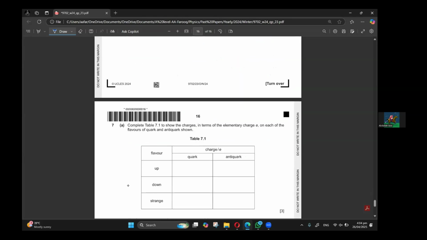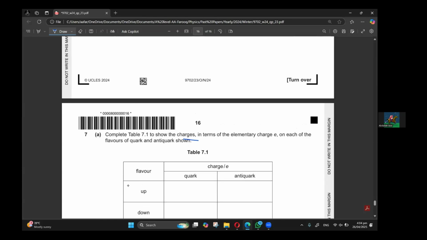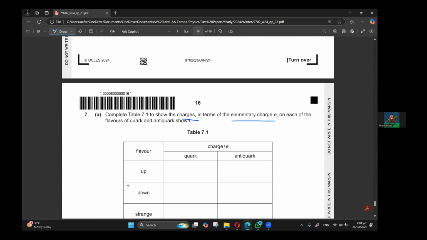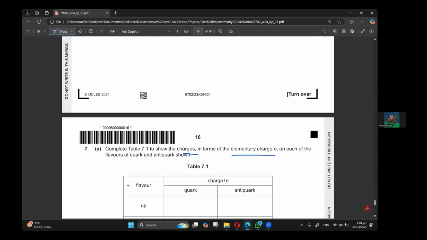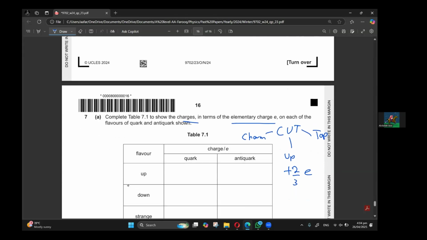Complete Table 7.1 to show the charges in terms of the elementary charge e on each of the flavors of quark. This is very simple to remember. Up, charm and top all have plus 2/3 elementary charge, and all of the others have a negative 1/3.